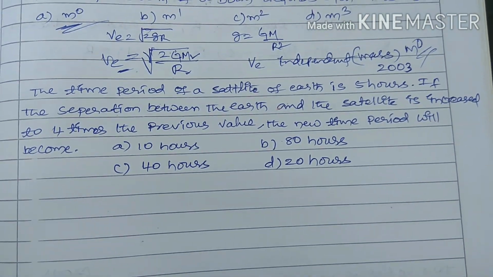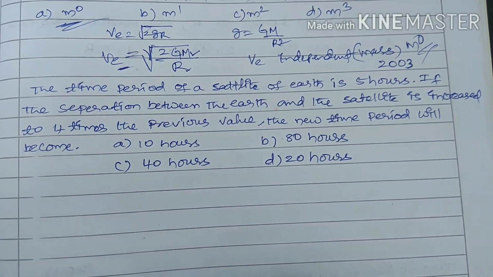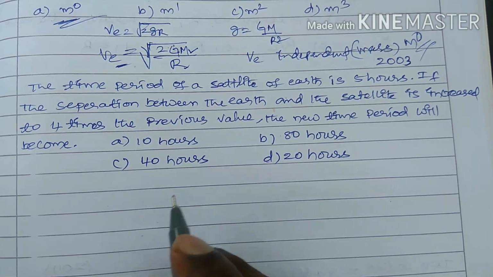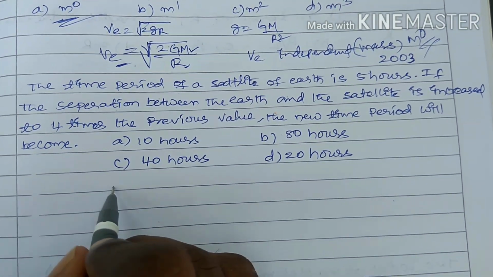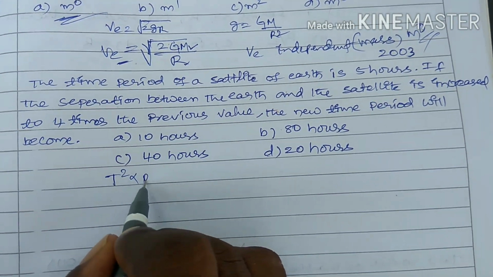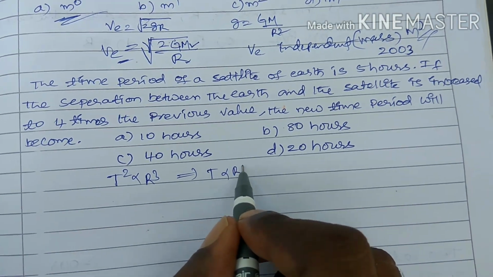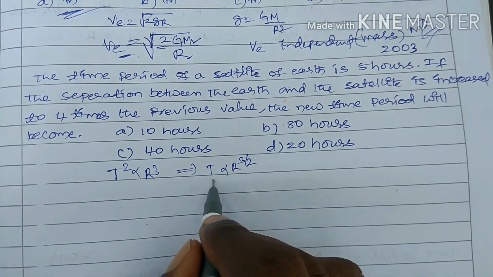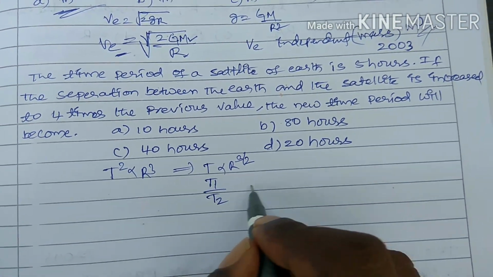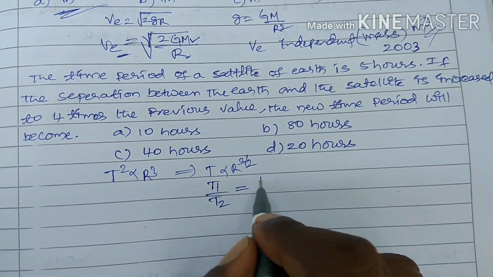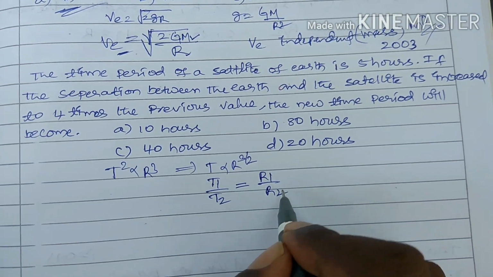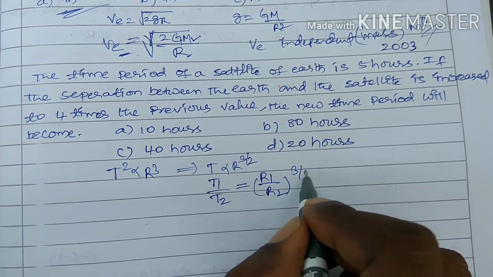Here we have to use Kepler's third law, the law of periods: T square is proportional to R cube. So we can write T proportional to R power 3 by 2, whereas T1 by T2 is equal to (R1 by R2) whole power 3 by 2.